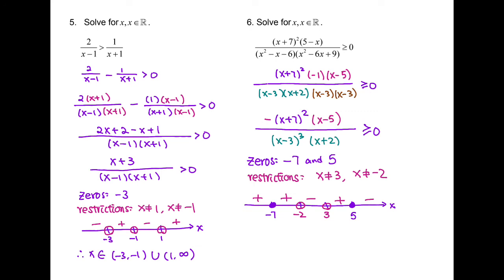Since we know we want our rational expression to be greater or equal to 0, this means we are looking for the positive region. That means x will be an element of -infinity all the way up to -2, round bracket because that's an empty dot. Union from 3 empty dot all the way to 5 solid dot.